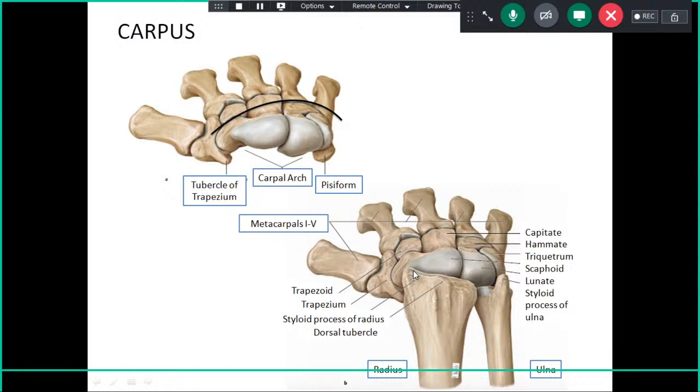In that class, you saw that the scaphoid and the lunate were articulating with the radius and also the articular disc, but the ulna was not articulating; it was only the articular disc. The scaphoid and the lunate were forming your wrist joint, right? This is just to revamp why the structure was like this.